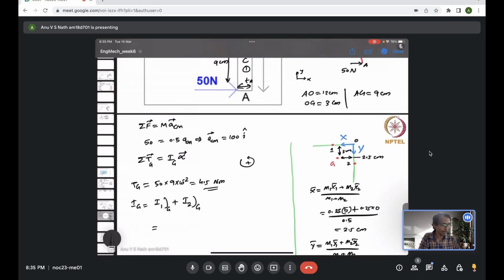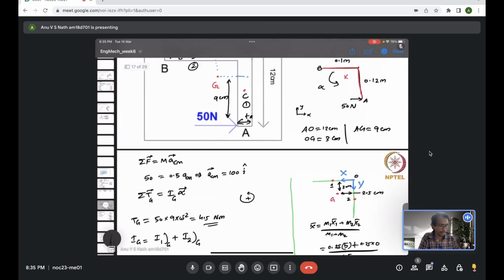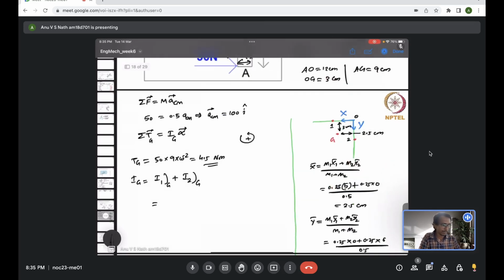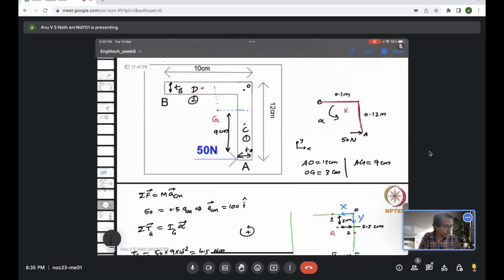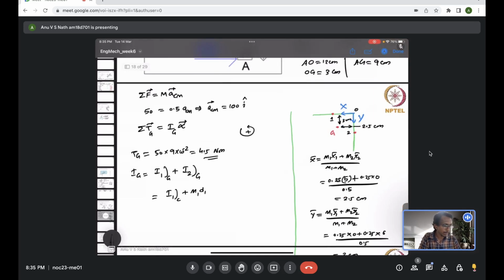Now the first body has a mass of m. The first body has a center of mass C, right? So I1 about C plus the mass of the first body times the distance to G, which is d1. So m1 times d1 square. This is the parallel axis theorem.